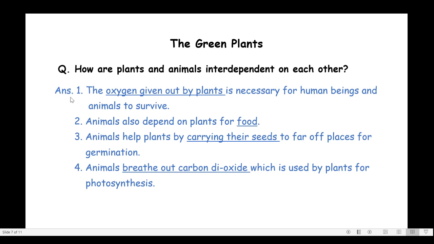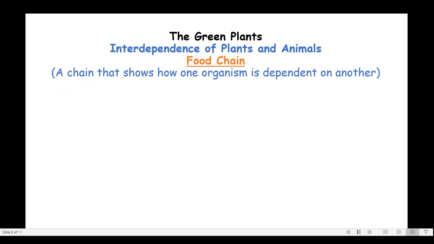So in the first two points, if you observe carefully, we are talking about uses of plants, and in the third and fourth points we are talking about how animals help plants, right? So this is about interdependence.